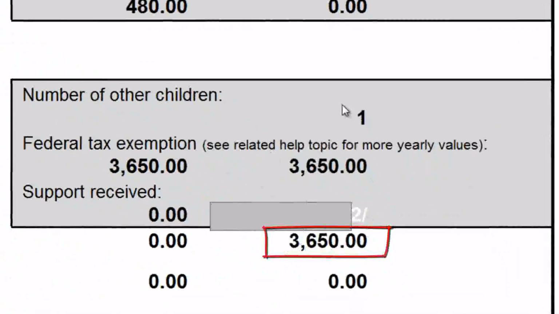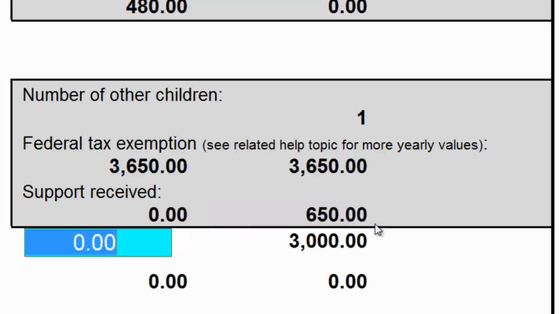That amount is 1 times $3,650. Now, if mom received $650 of support in 2010, we'd enter it in the support received field, and the total below the box would immediately change to $3,000. That is 1 times $3,650 minus $650.